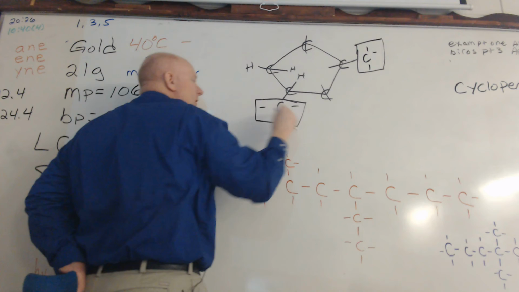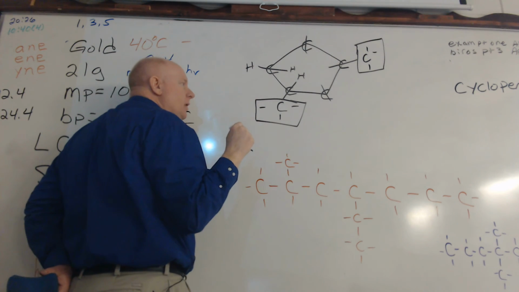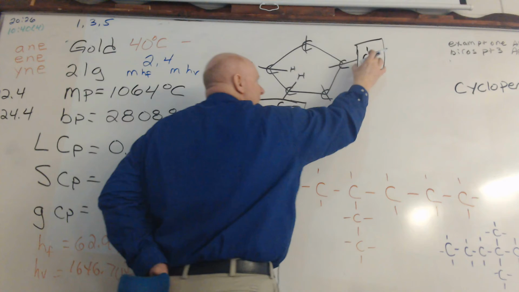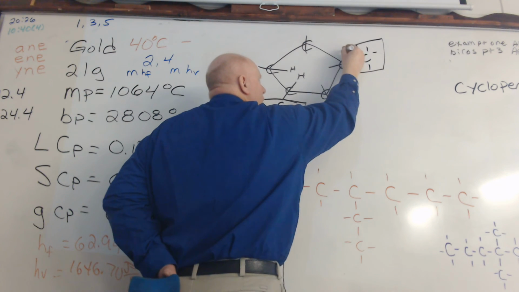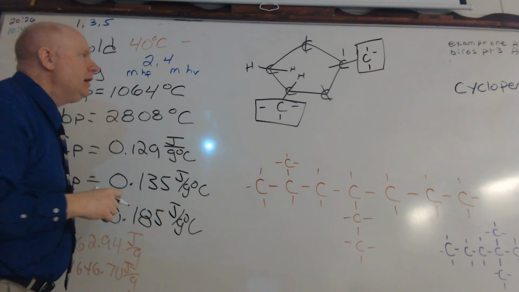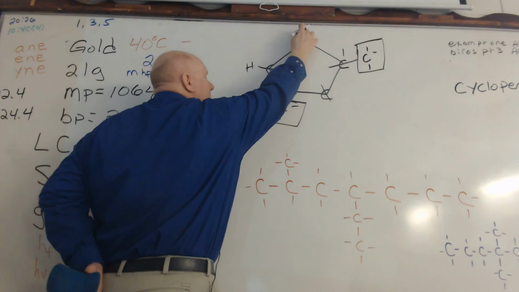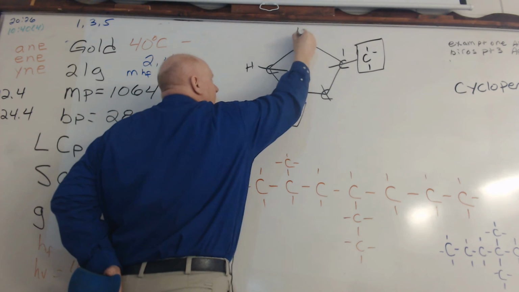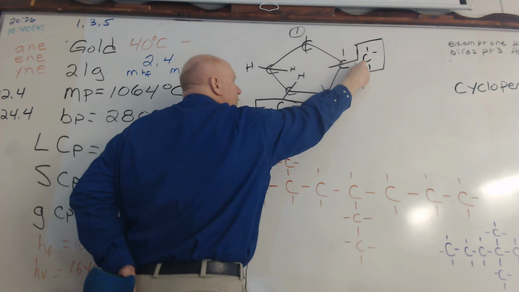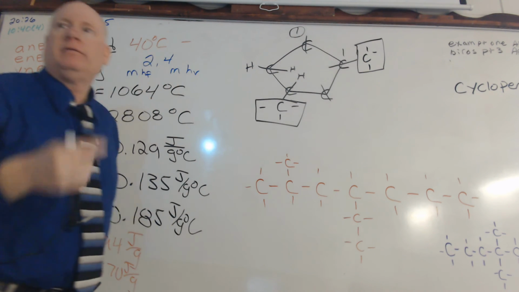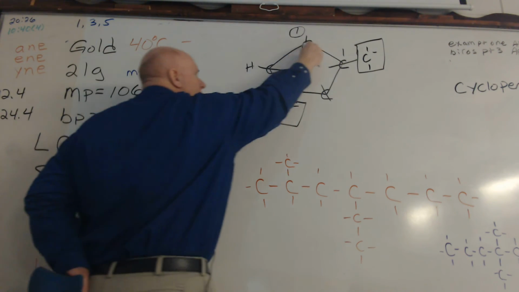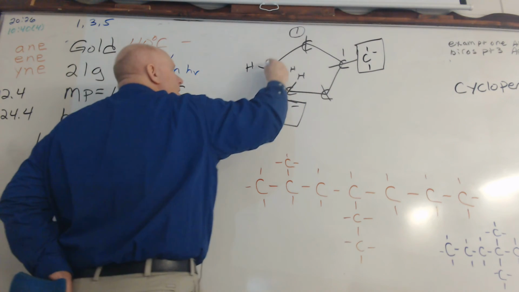Top or bottom? Okay? So when you do that, you're assigning this as number 1, carbon number 1. Carbon number 1 is not up here, because if we did that, going in this direction, this methyl group is on carbon what now? It's on carbon 2, because we've got 5 of them around here, remember?